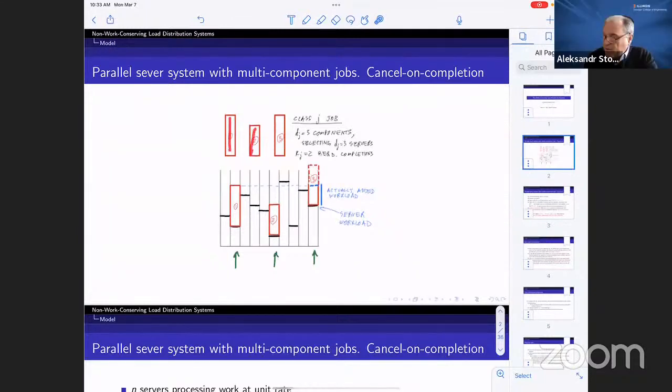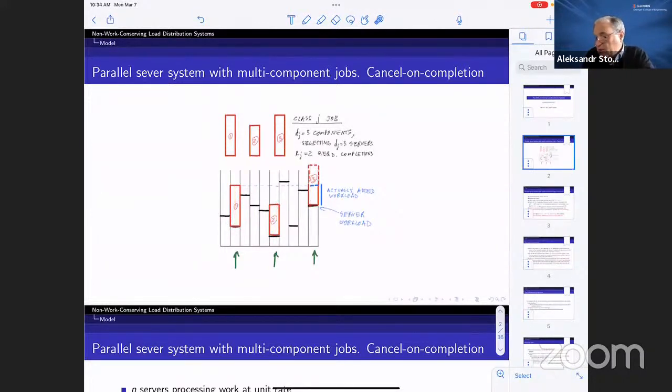These are the sizes of the components, so this is the potential amount of work that I will add to the servers. When the job arrives, it selects a random set of servers, dj servers, uniformly at random. So here it will be these 3. These components are placed on servers like this one, and this one.